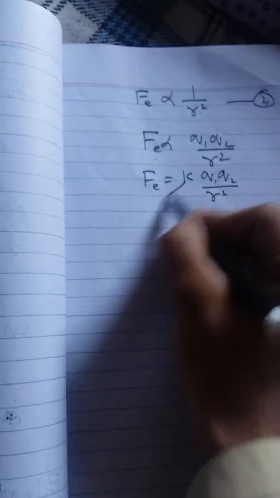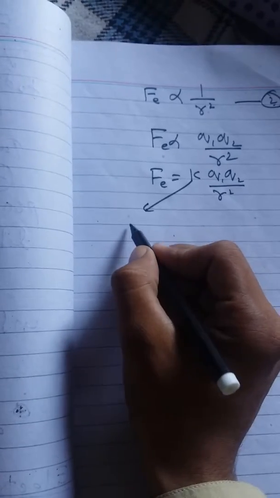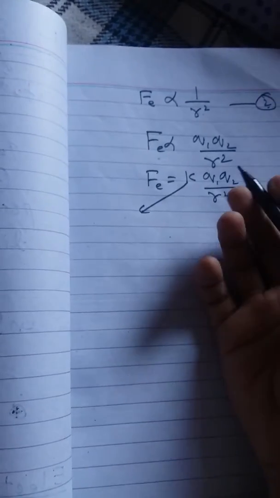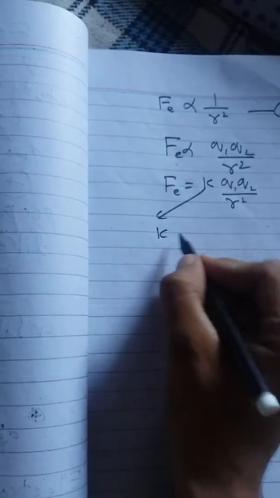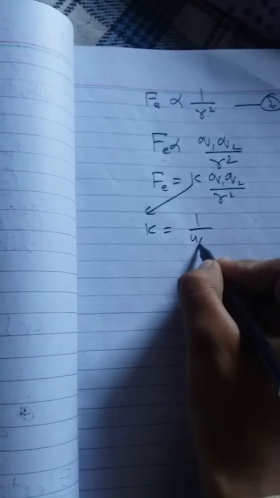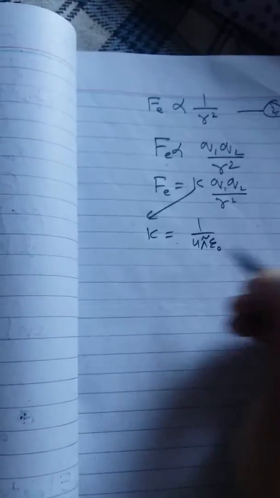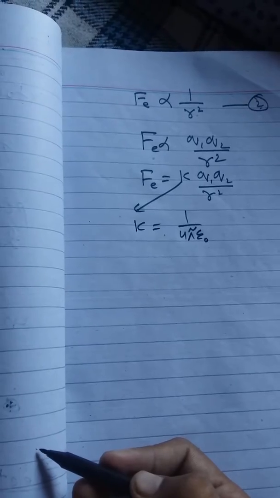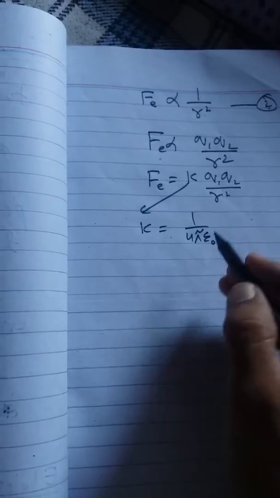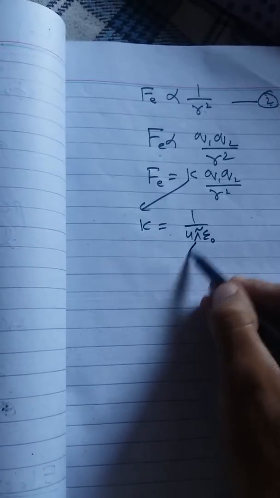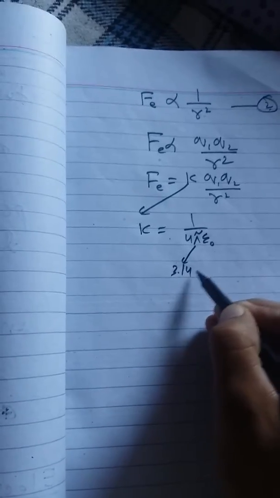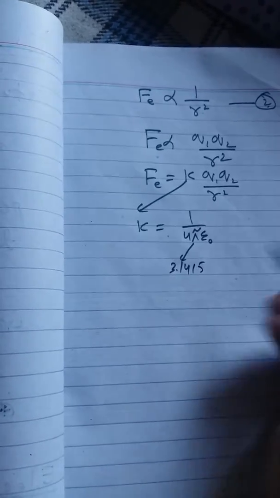Now, what is this constant? This constant is the constant of proportionality. What is the value of this constant? On which factors does it depend? All these questions arise. This is the value: the constant is 1 over 4 pi epsilon naught, where pi is 3.1415, you know very well.